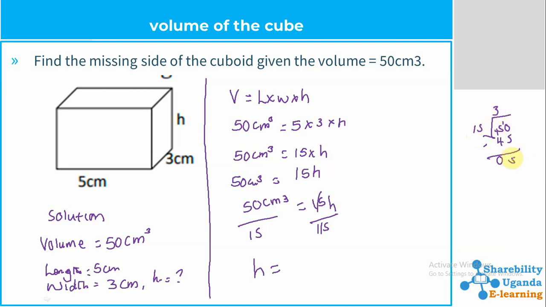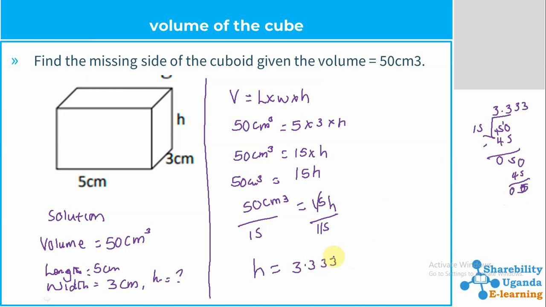So what do we do to make this increase? We put our point and add a 0. When we add the 0 here, we now have 50, and we still have 50 divided by 15, so we shall still have our 3 and our 45, with 5 remaining. So this number gives us 0.33, and we shall have our height at 3.333.